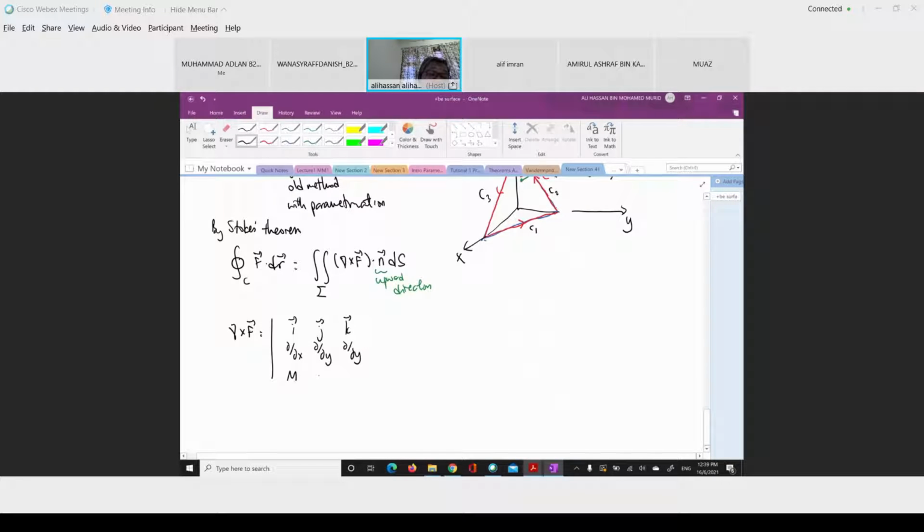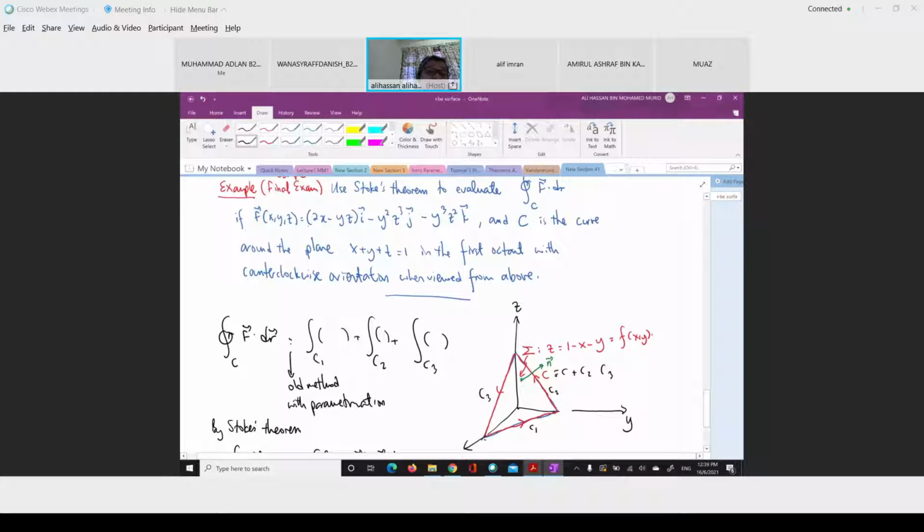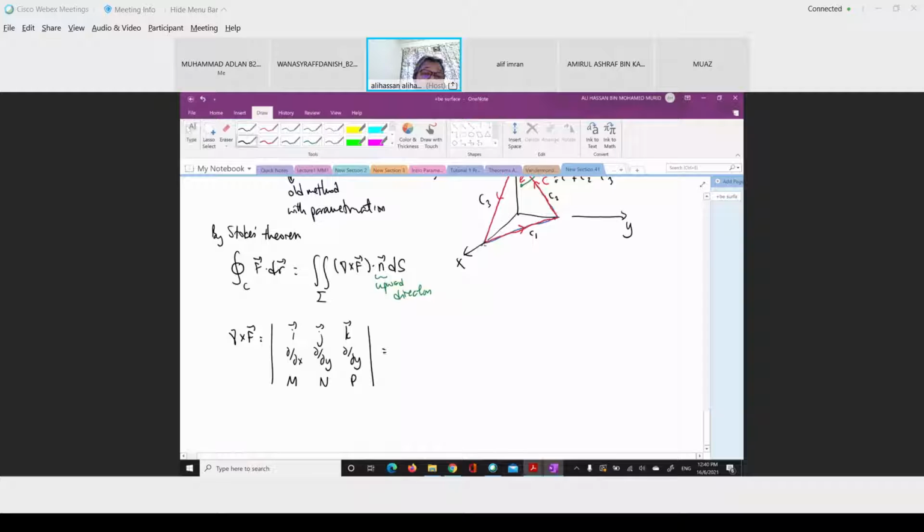And here we have M, N and P, which come from the components of the vector field F. So let's substitute it here.